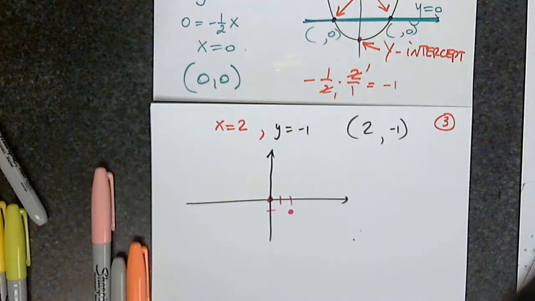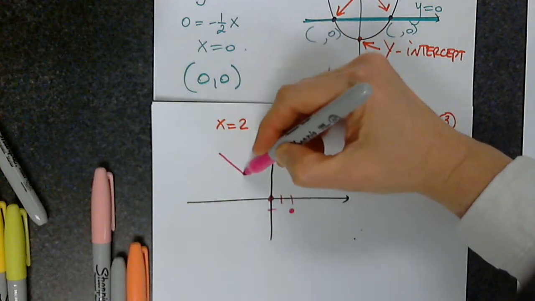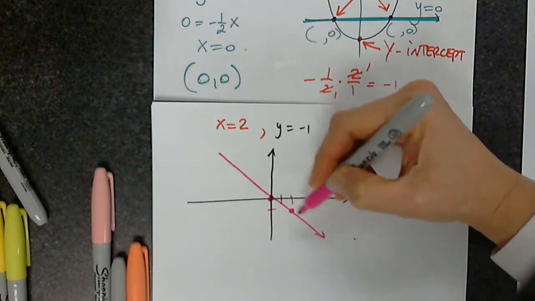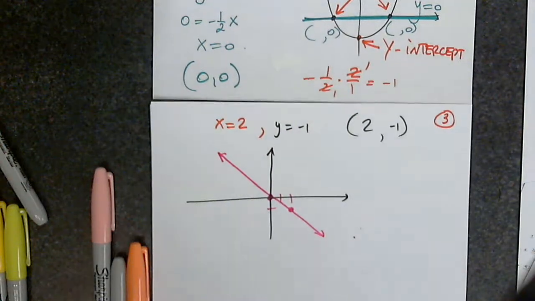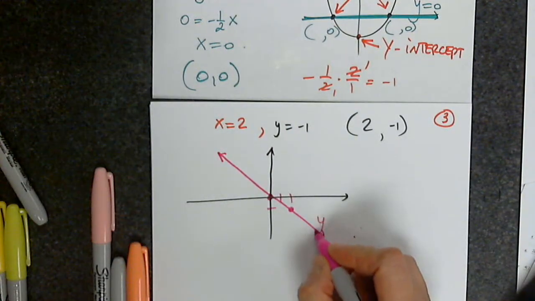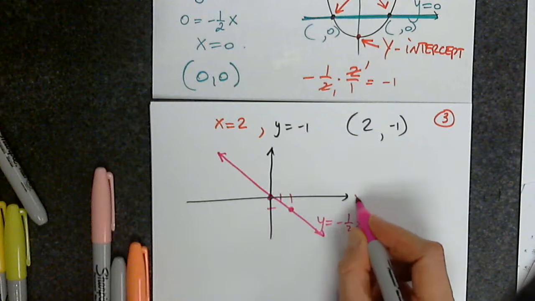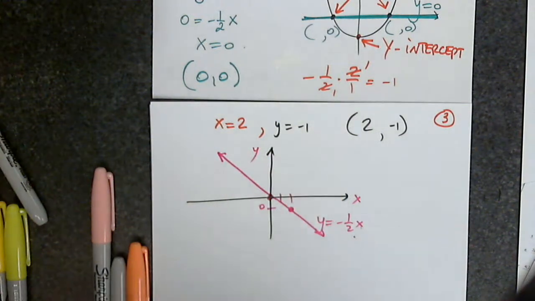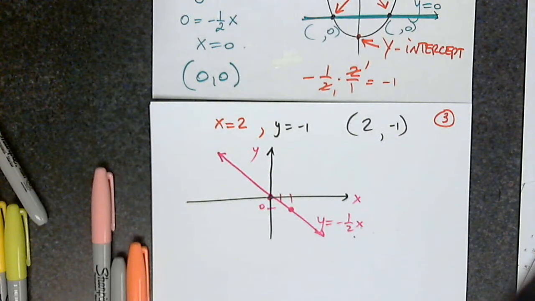I connect and extend the 2 points. I write the equation of the line somewhere so I know what I graphed. Any questions on graphing a linear function?